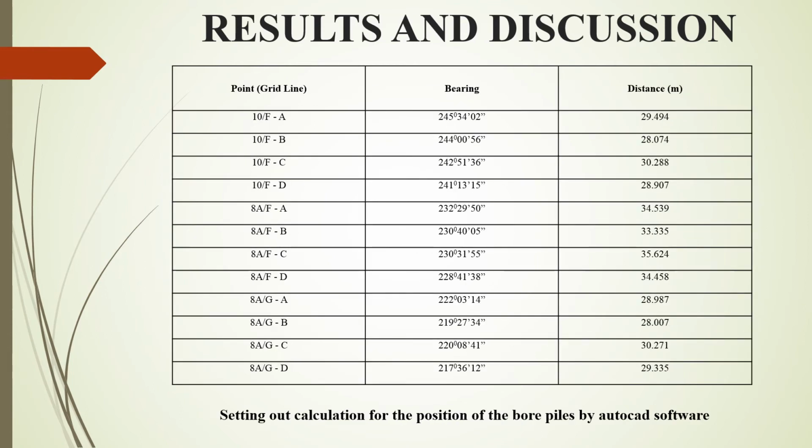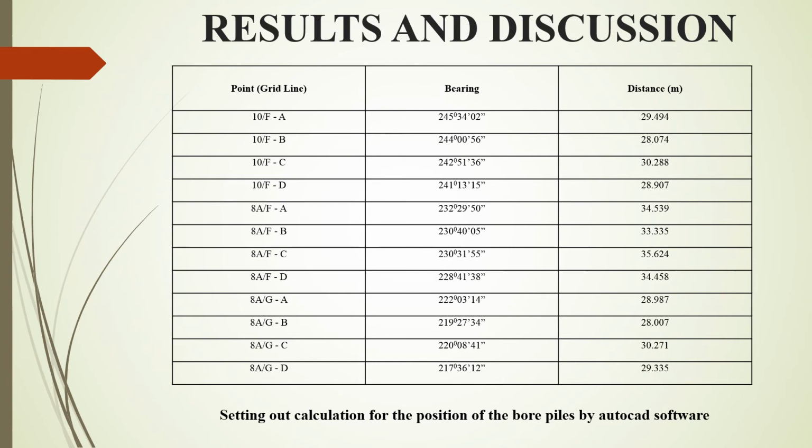This table shows the result of the setting up calculation for the position of the bore piles by AutoCAD software. The data of the bearing and distance of each bore pile are calculated based on the traverse control point. A total of 12 bore piles were selected from the construction drawing for the setting up calculation.